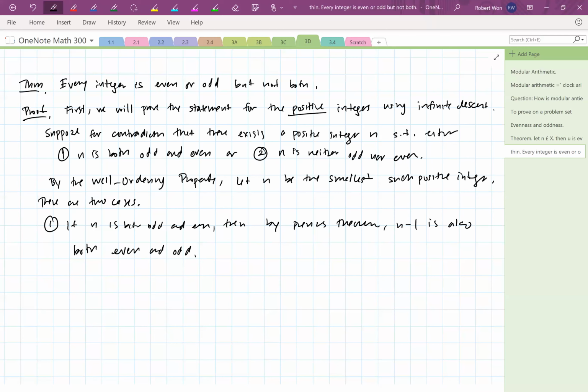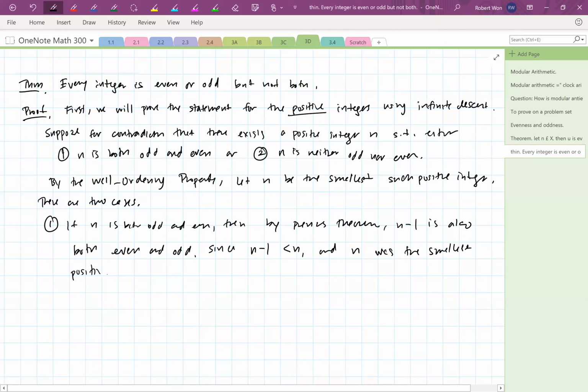But n was supposed to be the smallest positive integer that was both odd and even, or neither odd nor even. Since n minus 1 is smaller than n, and n was the smallest positive integer with this property, n minus 1 cannot be a positive integer.